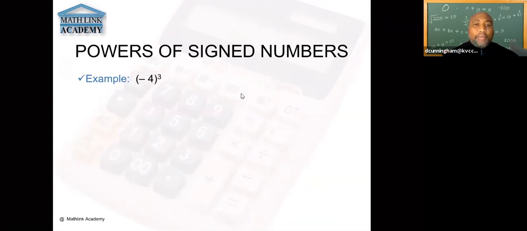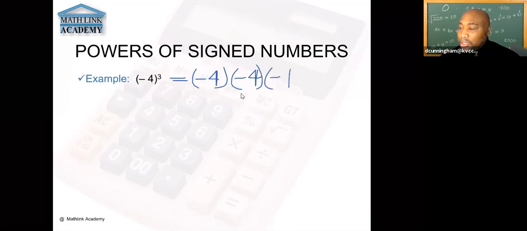Let's look at this example. Will our answer be positive or negative? First ask yourself that, and then what will be the answer? So for this one, we're looking at -4 raised to the 3rd power. Another way of looking at it is (-4) times (-4) times (-4). Notice how I'm writing it, I'm putting in parentheses so we know those are negative.